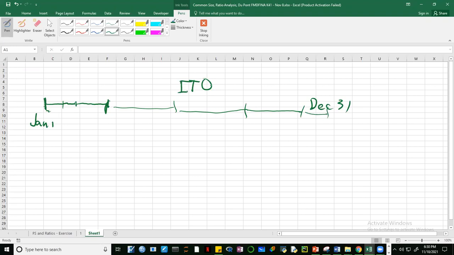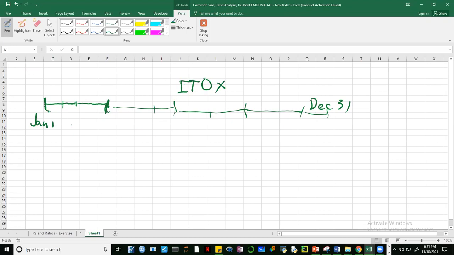Sabi natin mga 4.5, guys. That's the number of times in a year a company is able to buy raw materials, convert to finished product, and then sell. Turnover ng inventory hanggang mabenta. Tapos buy ulit ng raw materials, convert to finished product, sell.